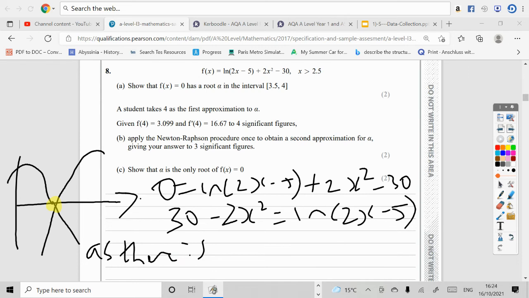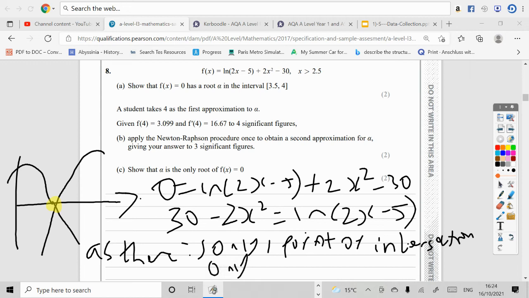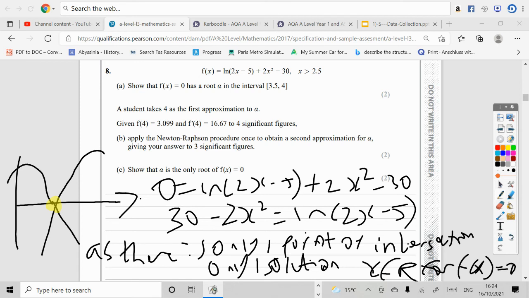There is only one point of intersection, only one solution, where x belongs to the real numbers, for f of x being equal to 0.